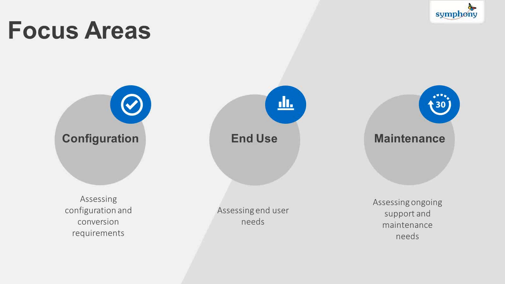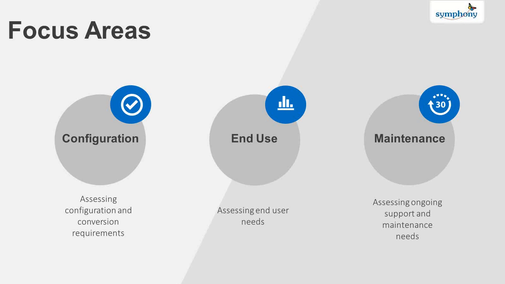When contemplating the use of position management, there are three areas that need to be considered. They are configuration, end use, and maintenance. Configuration. We need to assess what it would take to configure the module and if there is data that will need to be converted. End use. What are the requirements of the users?